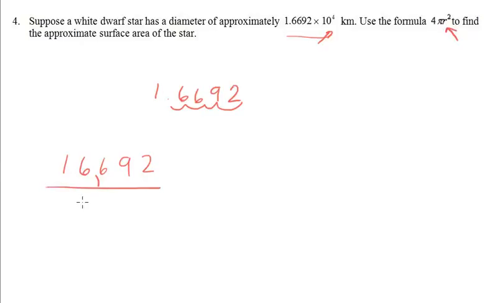So we're going to divide that in half, and that gives me 8,346. Then it says we want to square that radius. When we do that, we get 69,655,716.